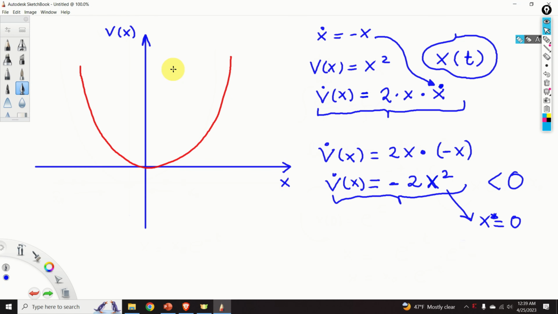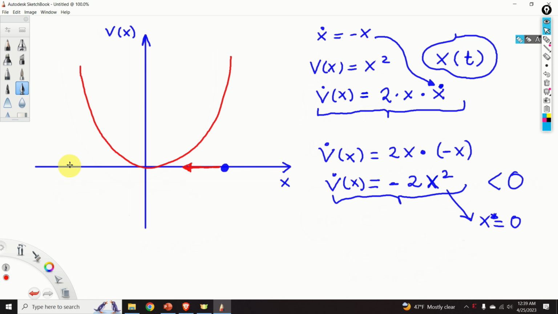Next, we give the third interpretation of the Lyapunov stability theorem, and this interpretation is very intuitive. Previously, we have shown that if we start from a certain initial condition, our state trajectories will approach the equilibrium point.